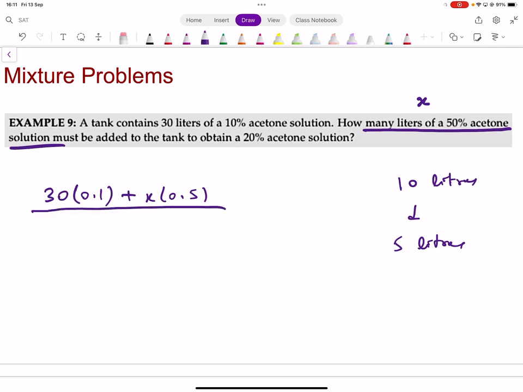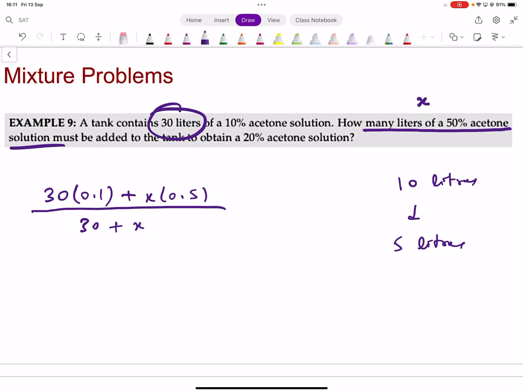When we add them up together, the numerator is giving us the amount of acetone. All right? What's the total amount of solution now? Once we mix them up, what's the total amount of solution that we have? 30 liters from here and X liters from here. The total amount of solution becomes 30 plus X. Is that okay?